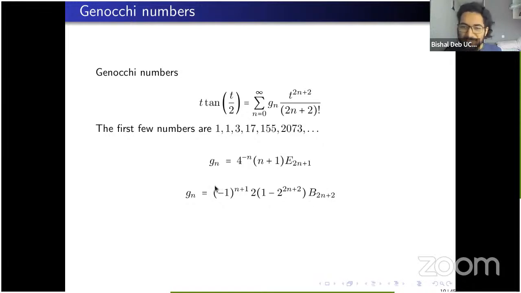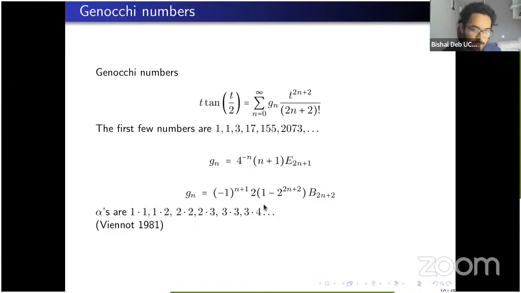I've checked this on Mathematica just before this talk to be sure. So the alphas for Genocchi numbers are 1 times 1, 1 times 2, 2 times 2, 2 times 3, 3 times 3, 3 times 4, and so on. And I think this was first proved by Viennot in 1981.